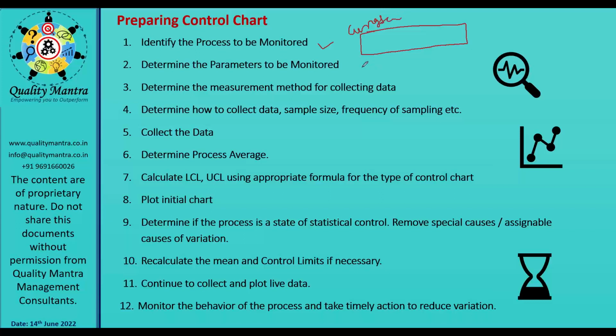Or you want to monitor the temperature you are using for explosive manufacturing, or the furnace temperature you are utilizing for the patenting of the wires. So these are the various parameters you want to monitor. So first, identify the process to be monitored and then determine the parameters to be monitored.